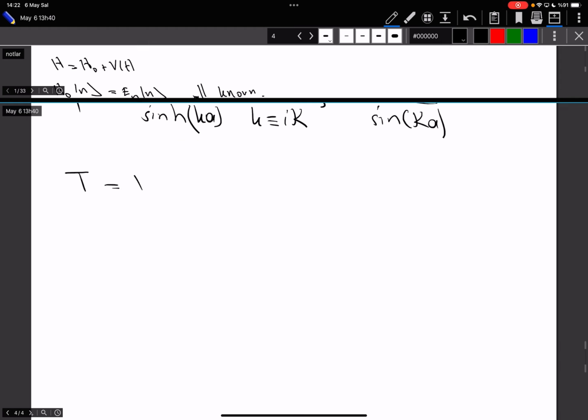T was V plus V 1 over E minus H0 plus i epsilon T. You can go ahead and try to solve for T. Find a formal solution. T will turn out to be 1 over E minus H.